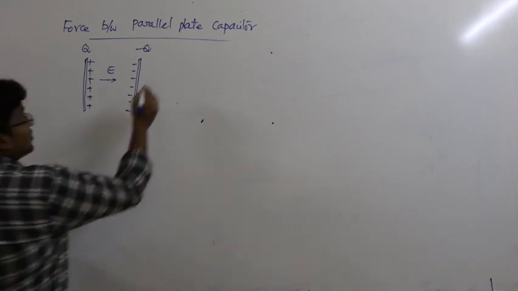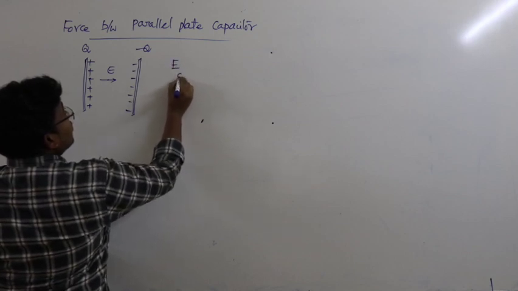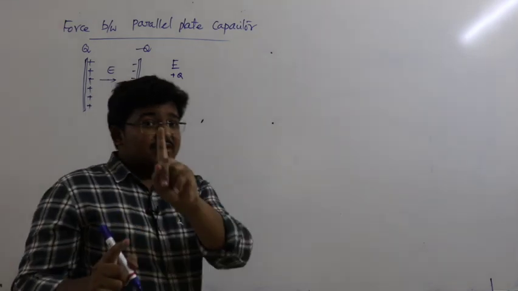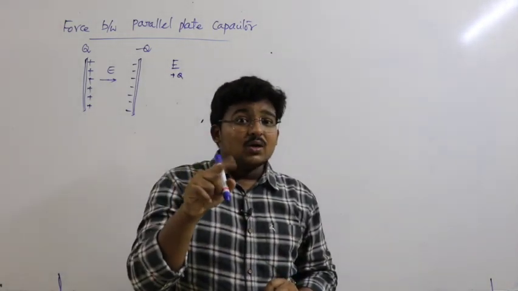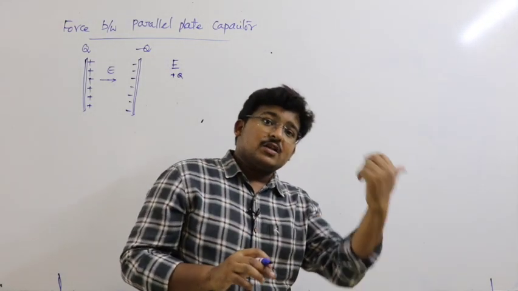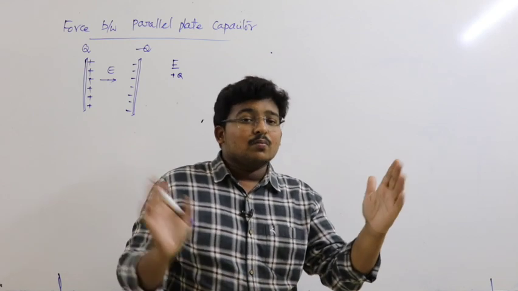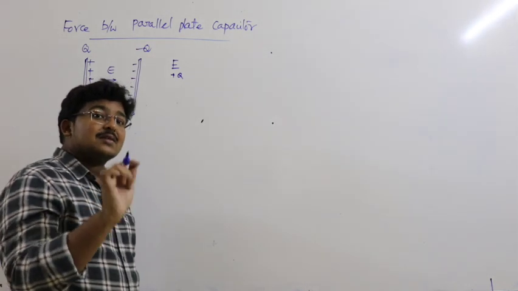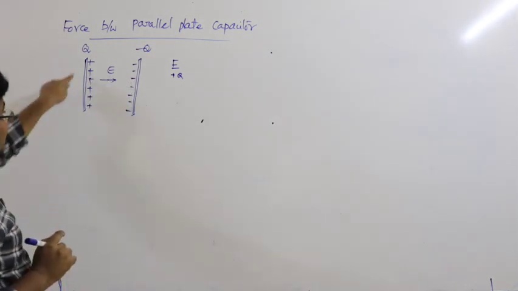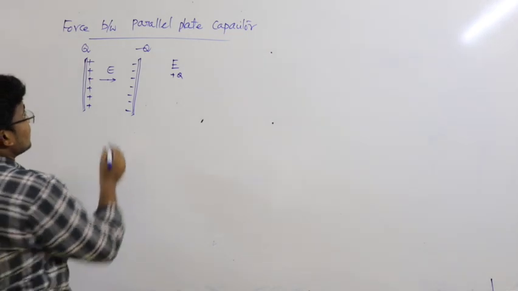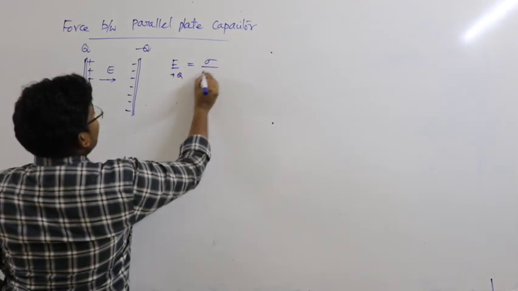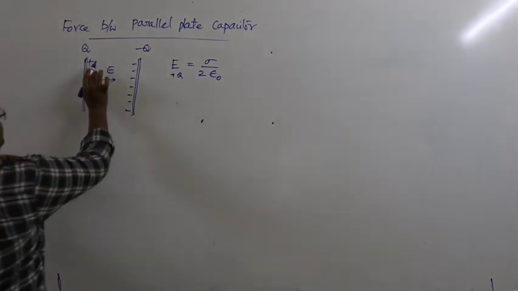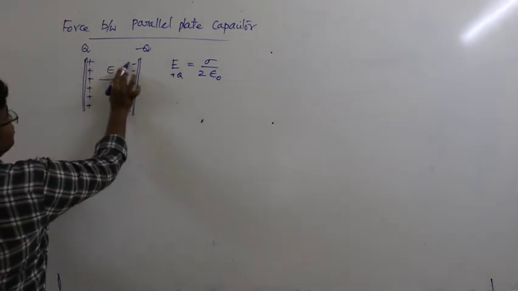You know what the field due to the plus q plate is? Due to a single plate, I told you, it is sigma by 2 epsilon naught, and due to another plate sigma by 2 epsilon naught, both will be added, then the total field between the capacitor plates is sigma by epsilon naught. So due to a single plate the electric field is sigma by 2 epsilon naught. Now this is the field, this is the field.